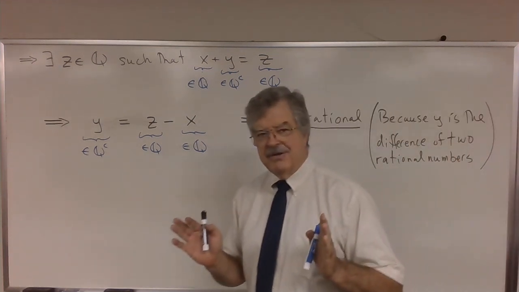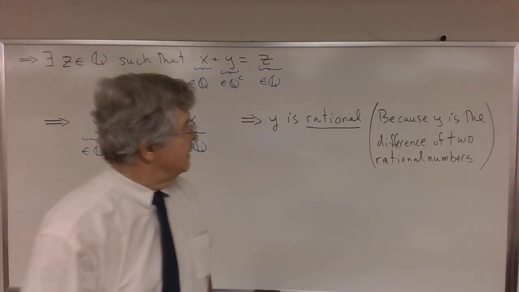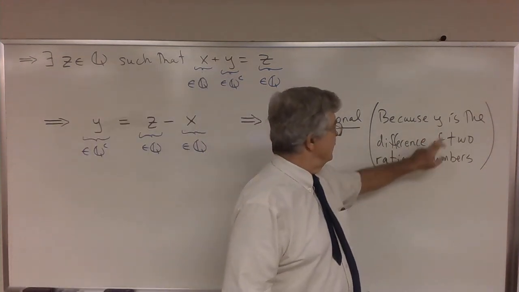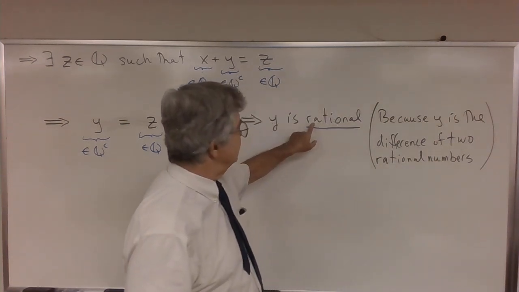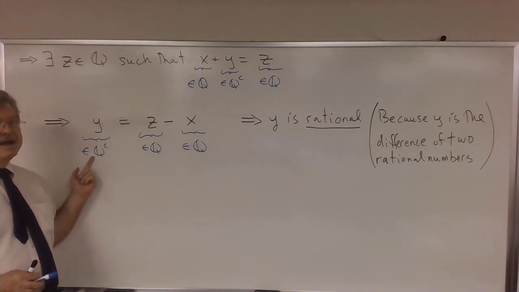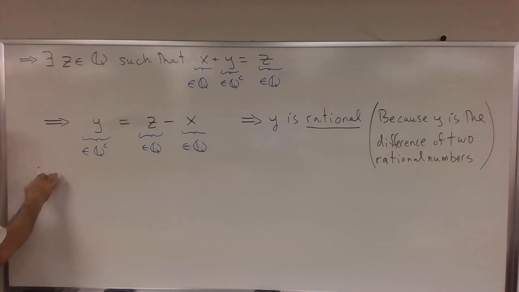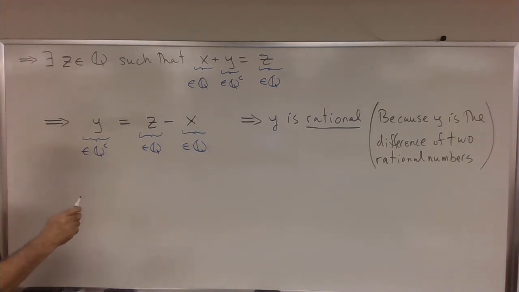Did something just go horribly wrong? You bet it did. Here we've established that y is rational, but by hypothesis, y is an irrational number. This is exactly the horrible thing that we wanted to happen.